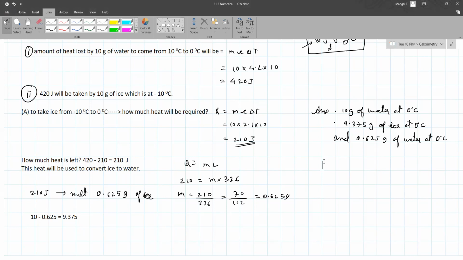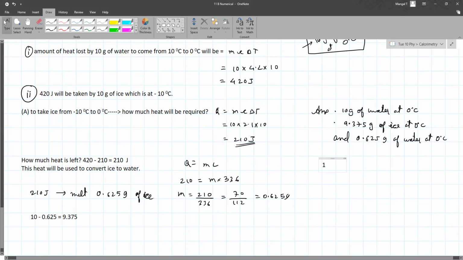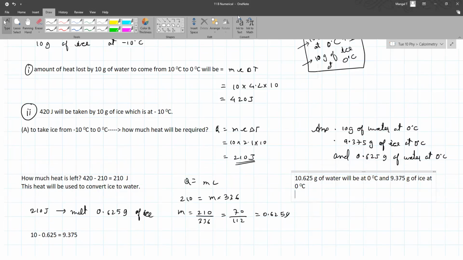So what you can say is that 10.625 gram of water will be at 0 degrees Celsius, and you will have 9.375 grams of ice at 0 degrees Celsius. So that will be your final answer. I mean, that much of things will be left in the mixture. Right. Any questions, anyone? No, sir.